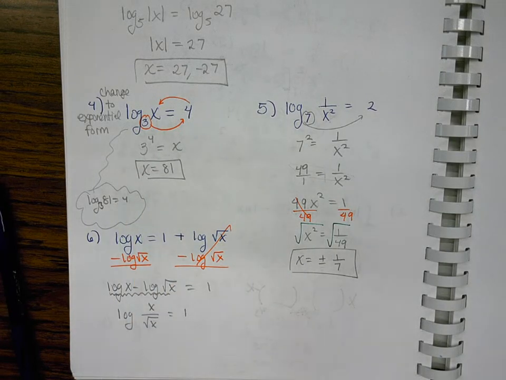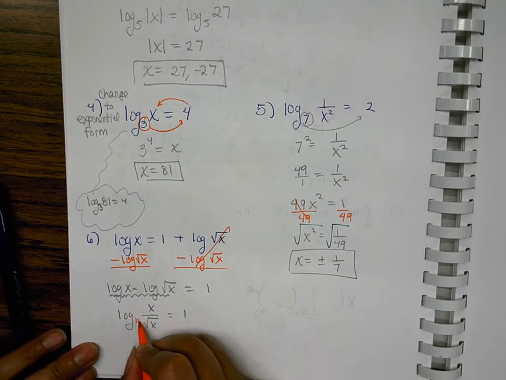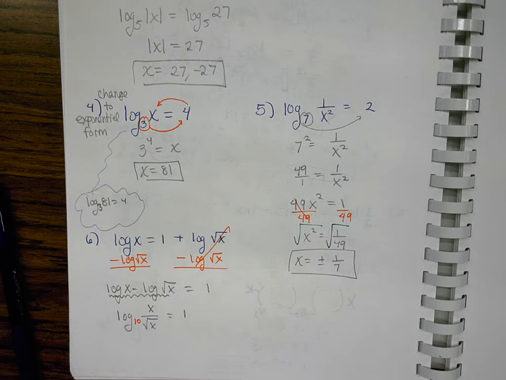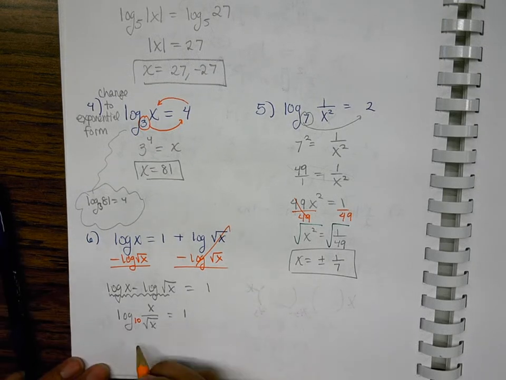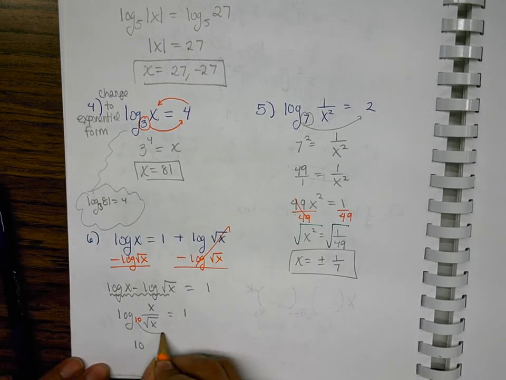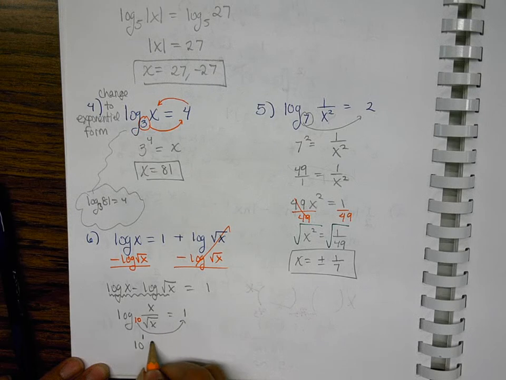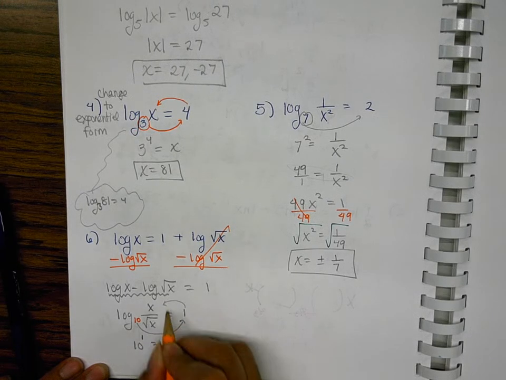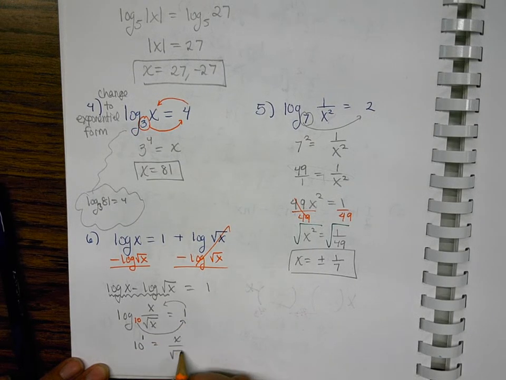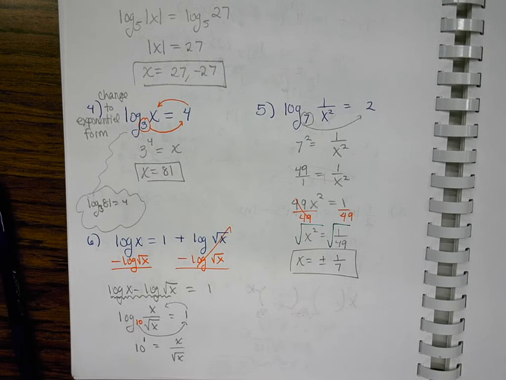All right, now do you see it looks a lot like numbers 4 and 5? You're going to wrap around. What's the base that we don't see here? That's a base 10. So 10 to what power? The first equals x over the square root of x.